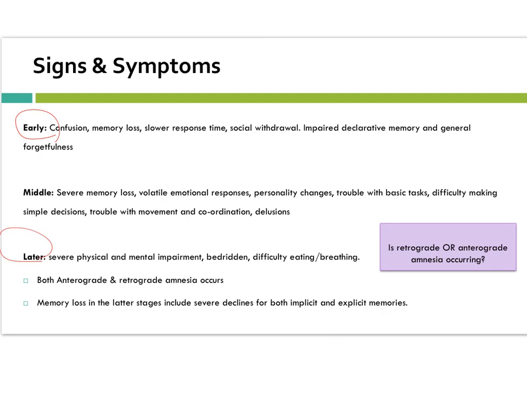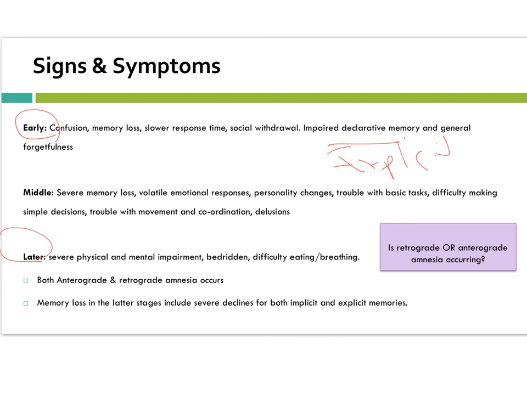In terms of early signs, we have confusion, memory loss, slower response time, social withdrawal, and impaired declarative memory, which is explicit. That is because implicit memories, so things like your fear or more particularly procedural memories, are stored in the cerebellum, and that is not one of the first brain areas affected by Alzheimer's.